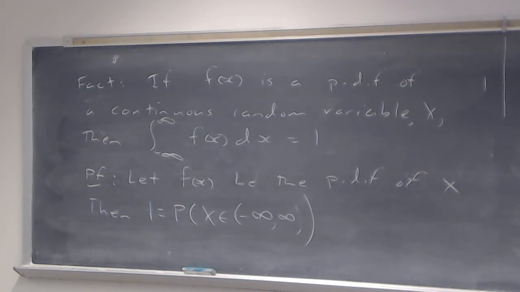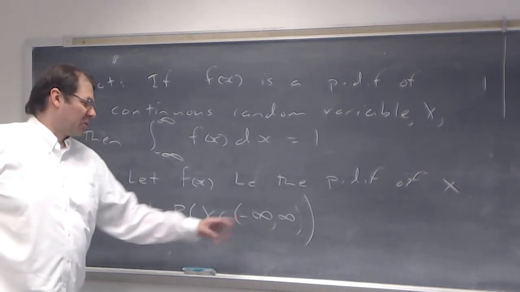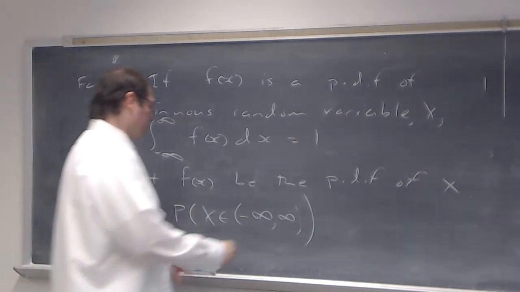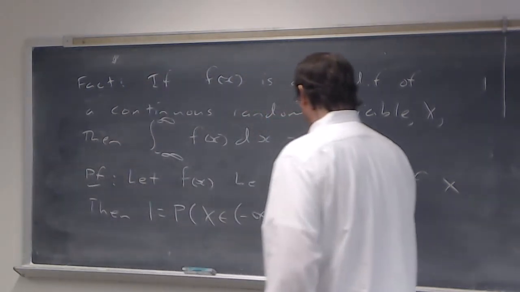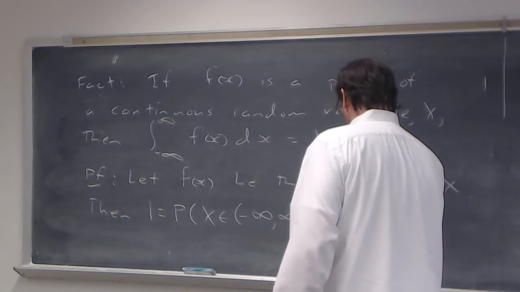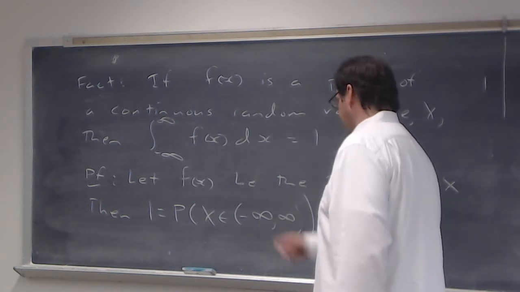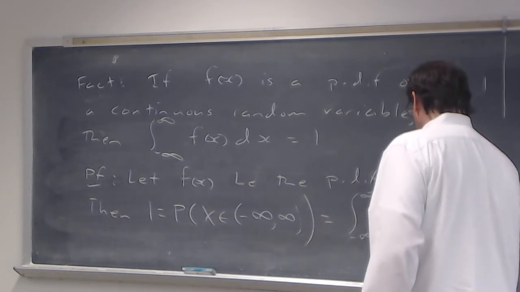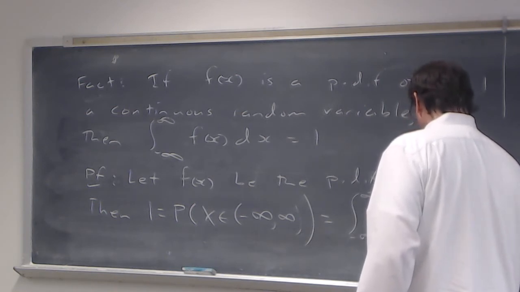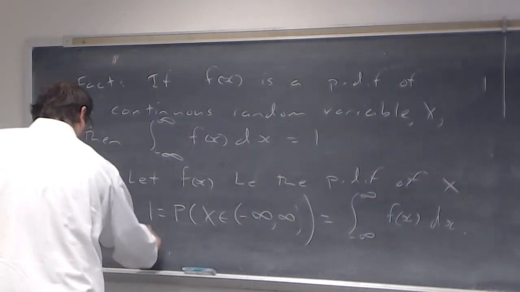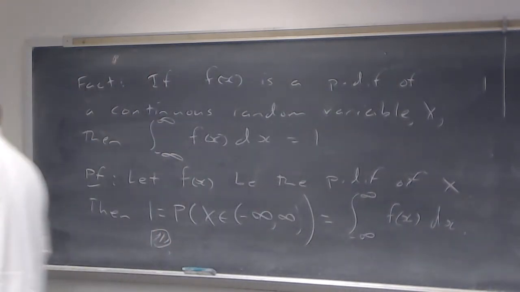So the chance that x is a real number is 100%, or 1. And how would we compute this probability? By the definition of a continuous random variable, it should be the integral from minus infinity to infinity, which is what B is in this case, of f of x dx. And so we have that this integral is equal to 1. That's the proof.